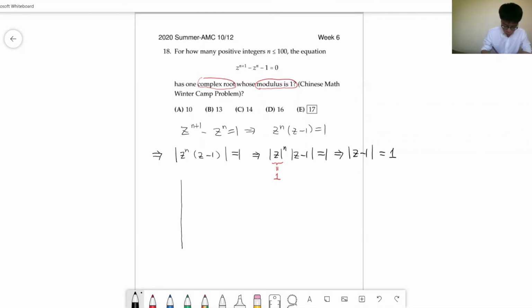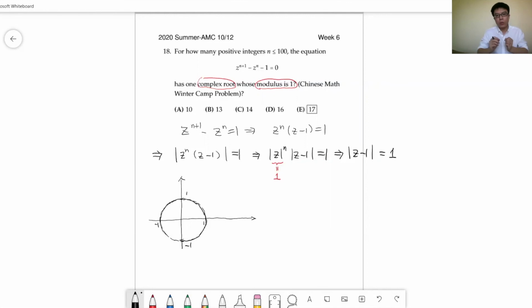So let me draw this picture. The modulus of z equals 1, that means it's on the unit circle. So let me draw a unit circle. So this z must lie on this circle. On the other hand, the modulus of z minus 1 is 1.